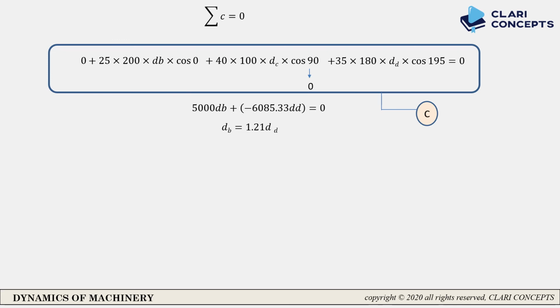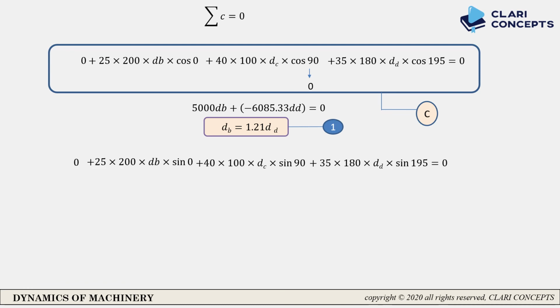From that we can find the relation between the distances: dB equals 1.21 dD. Here dB is the distance from the reference plane, it means from plane A to plane B, and dD shows the distance from plane A to plane D, which we name as 1.